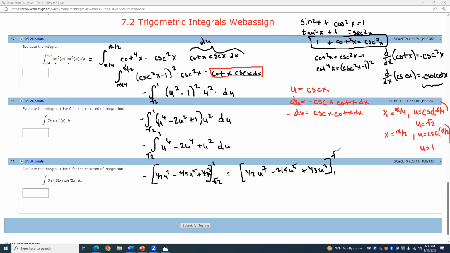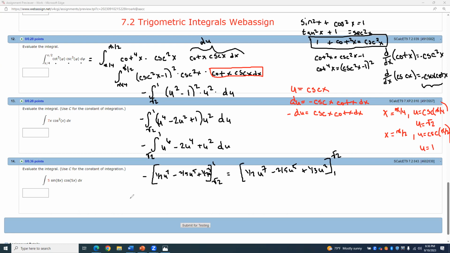Because if you switch the bounds, the integral is equal to the opposite sign of the original integral. So if I just flip the square root of 2 and 1, I can drop the negative. You don't have to do that. You could just keep the negative there and have f of 1 minus f of the square root of 2. But why not? It's okay. We could do this.